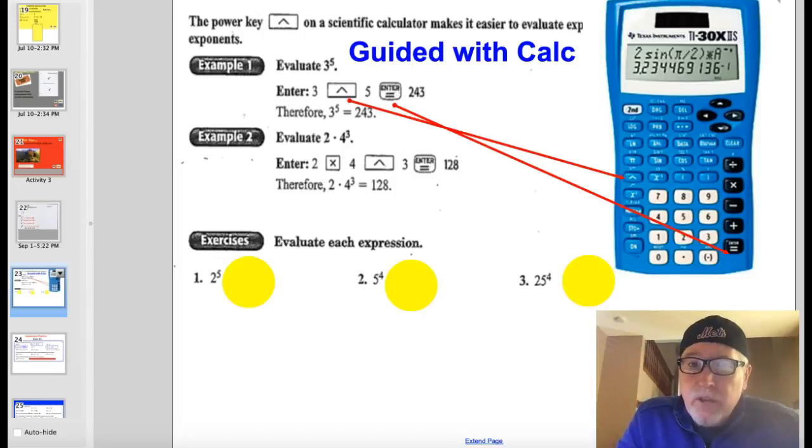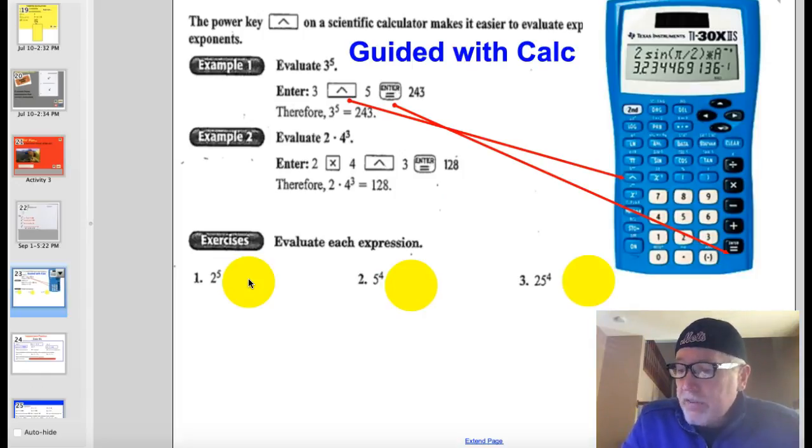But if you have one of these fancier calculators and you want to evaluate these, you can use the shift key, they call this here. So if you want 3 to the 5th, you'd type in 3 here, and then press the shift key, and then put in the exponent, which is 5, and then hit the equal sign. It'll work. So if you have one of them, you can try it like that. Go ahead and try 2 to the 5th that way.